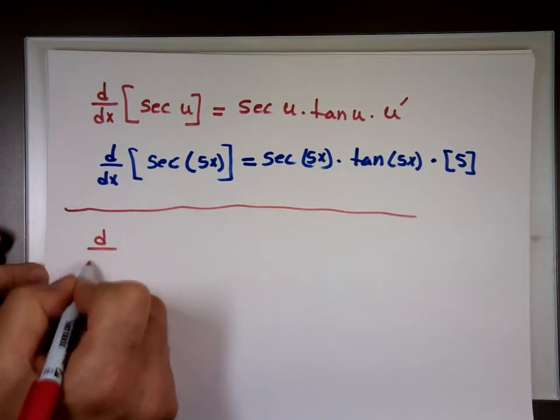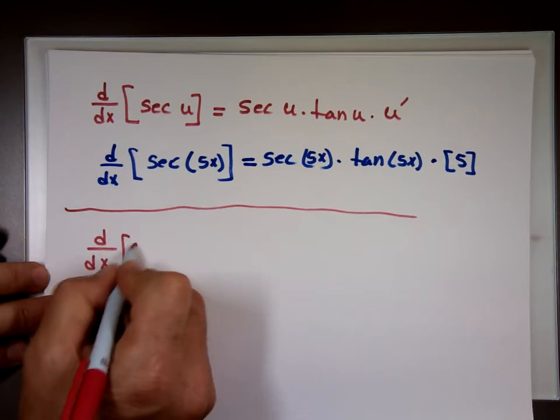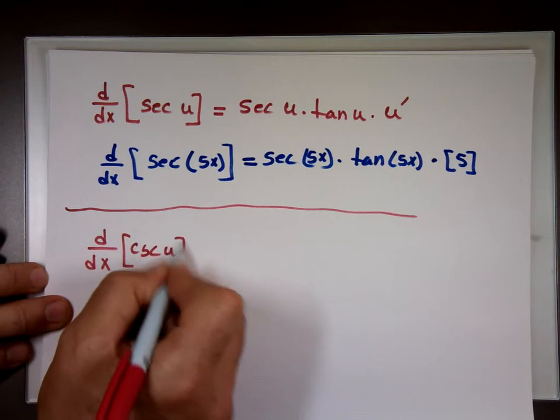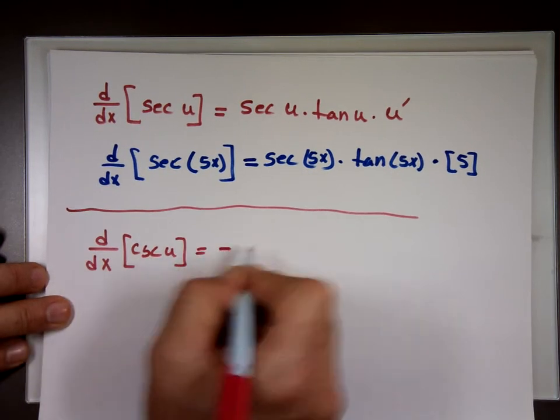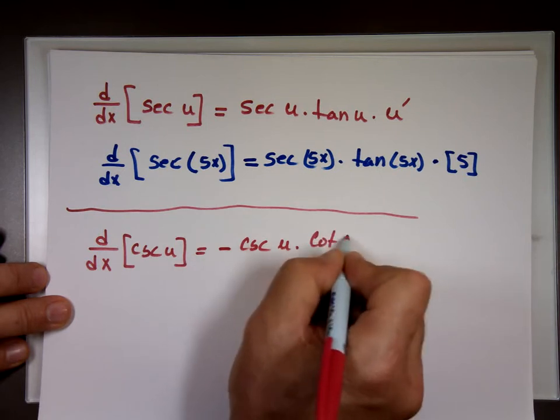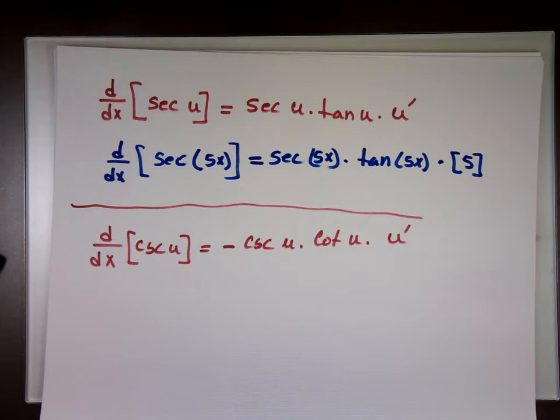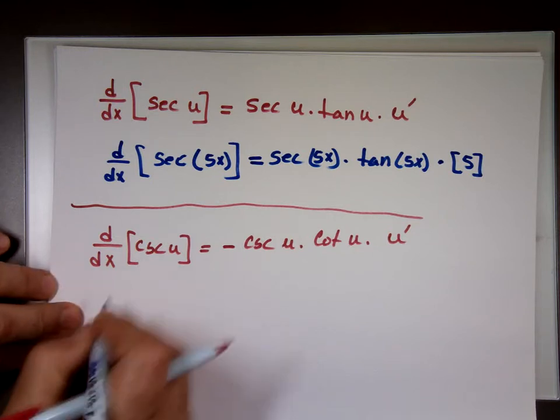The derivative of cosecant. That's negative cosecant u, cotangent u, u sub prime. You really want to memorize all of these. Just write them down every time you do the problem. So here we go.